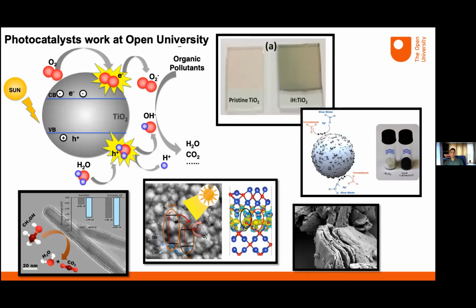So in terms of photocatalysis, as you can clearly see, the photocatalytic process is initiated by the generation of an electron hole pair within the semiconductor, which I've already discussed, upon absorption of a high energy photon onto the system.